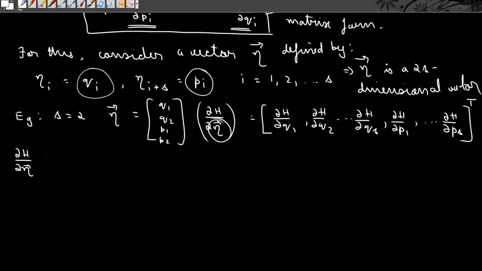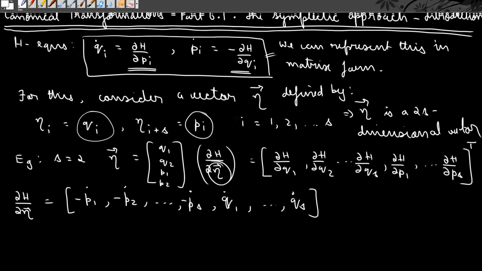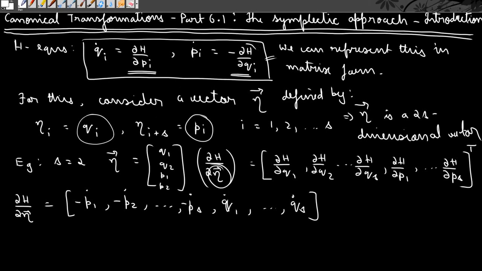By using our Hamilton's equation, this is going to be minus P1 dot, minus P2 dot, up till minus Ps dot, and Q1 dot up till Qs dot. How I got this is by using the fact that dou H by dou Qi is equal to minus Pi dot, and therefore dou H by dou Q1 becomes minus P1 dot, and so on.